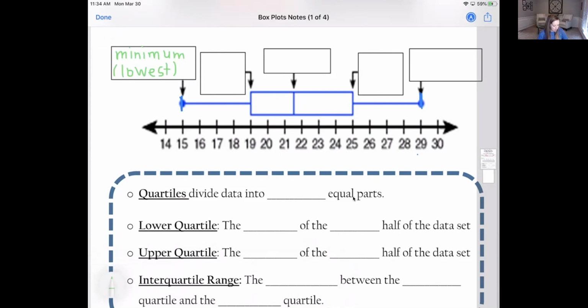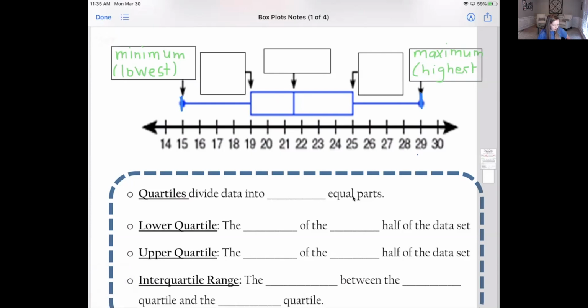On the other side is your highest number, or your maximum. Those are the two easiest things to find. If you're looking for any of these things, you really need to start by putting the numbers in order from least to greatest, which I'll show you when I make an actual box plot.